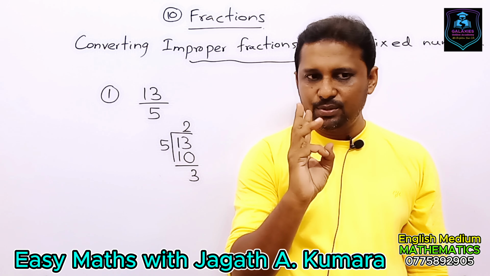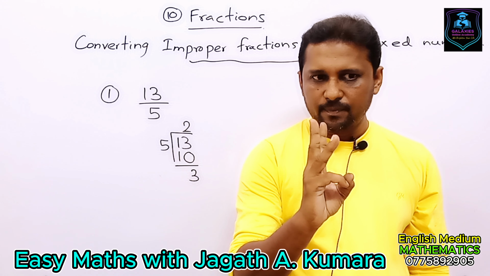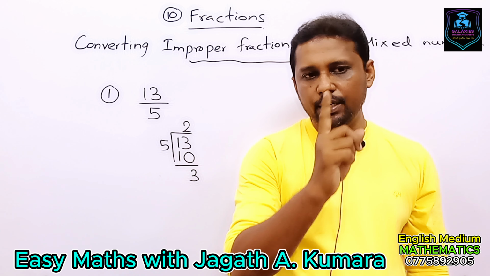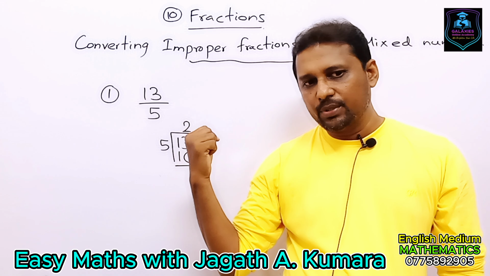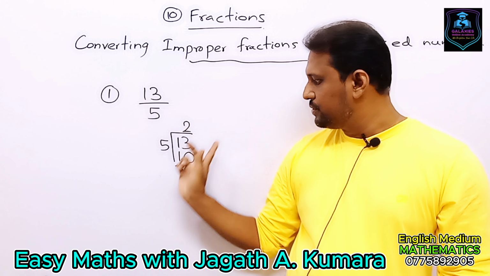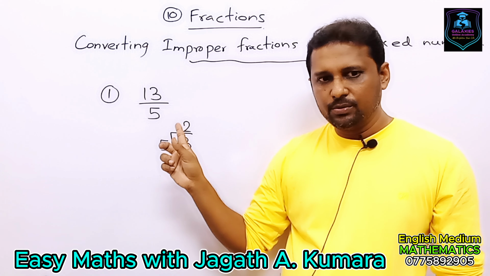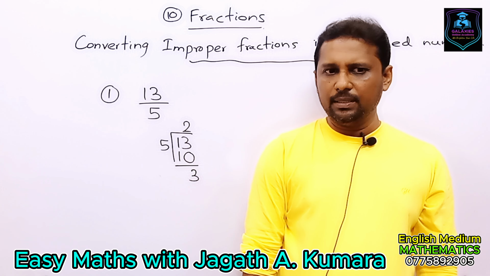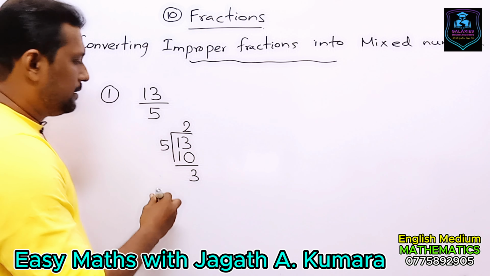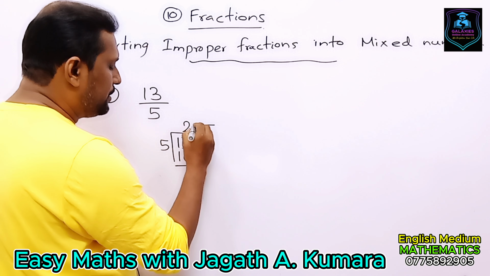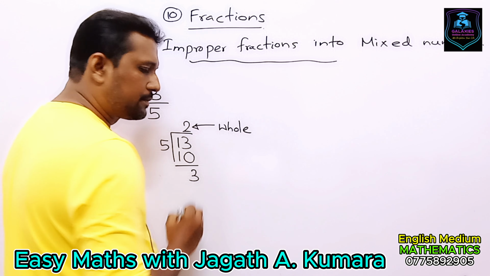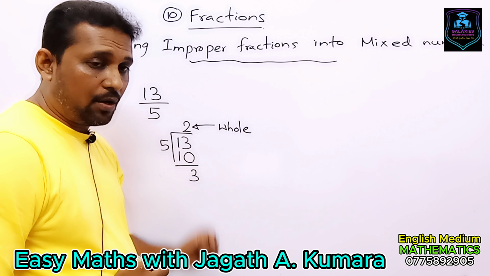There are 3 numbers, no? What are the 3 numbers? Whole number, denominator and numerator. I received 3 numbers here: 5, 3, 2. Where do we have to write these 3 correctly? You have to remember it. This answer you have to write as the whole number.